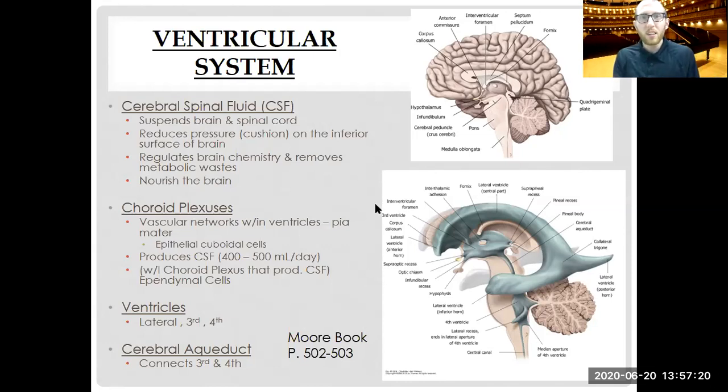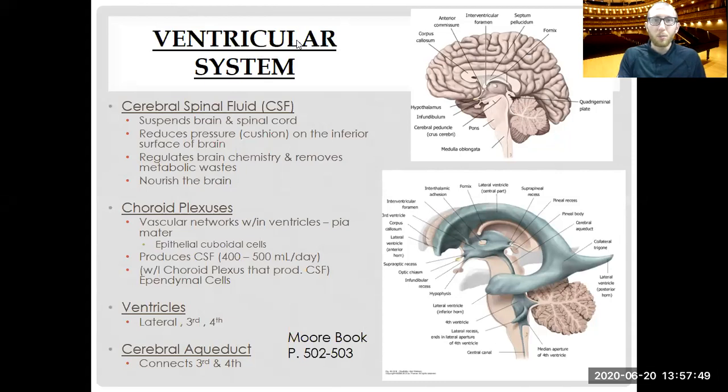Next, we're on to the ventricular system. I alluded to this earlier, but we're talking about the ventricles and what exactly these do and why to know them. First off, the ventricles are the hollow spaces within the brain that are filled with CSF.